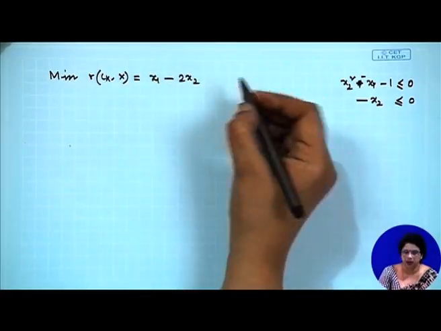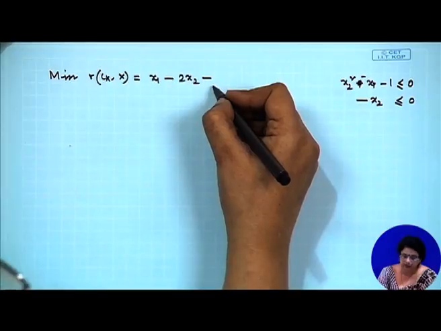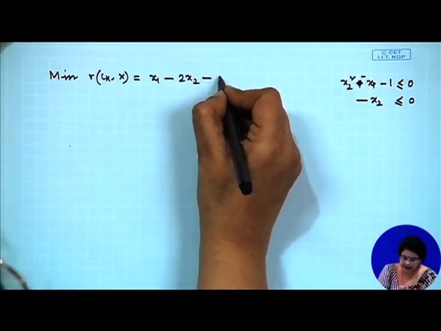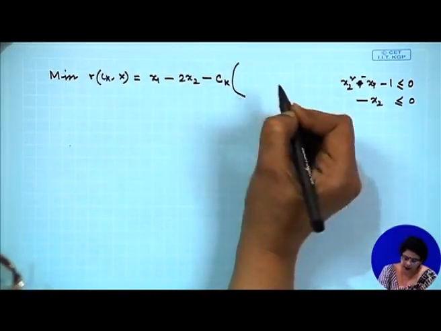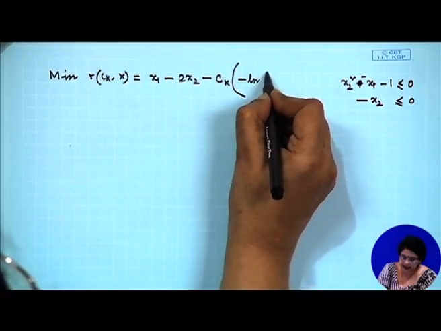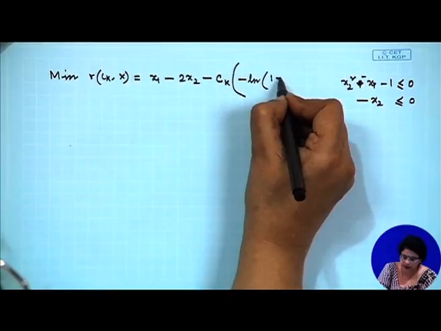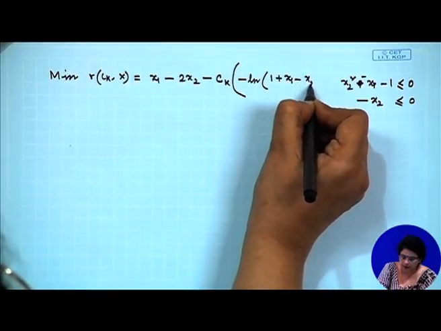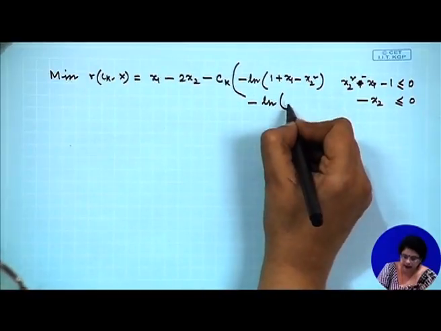Now, we have the barrier constant, that is ck, and the summation will be there. That is why I will consider ln of minus this function. So the function will be the original function minus ck ln of the constraint terms, minus ln x2.